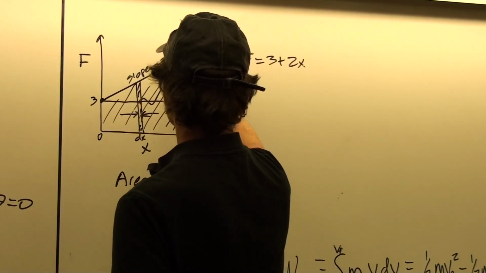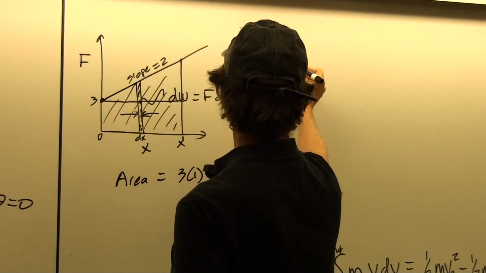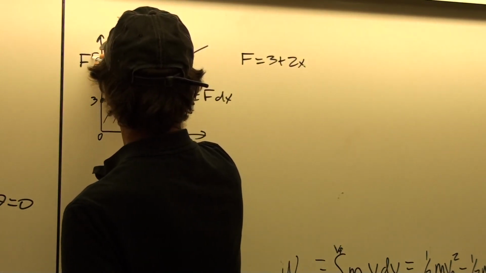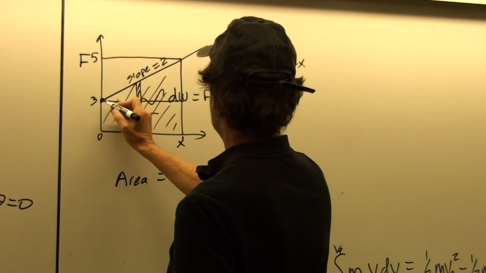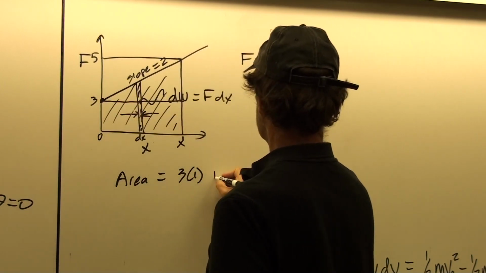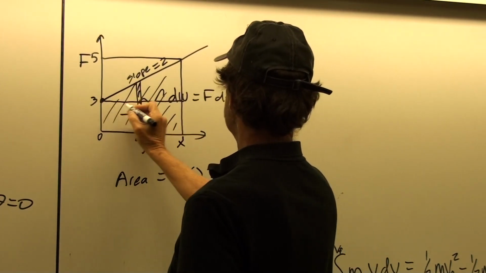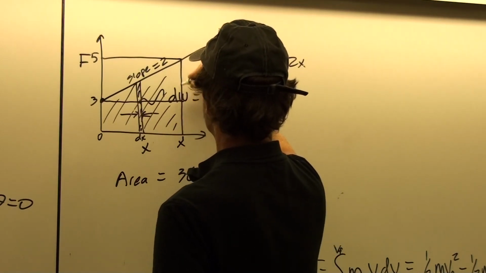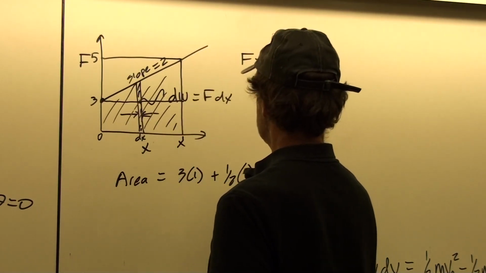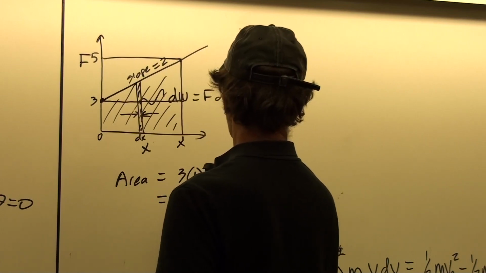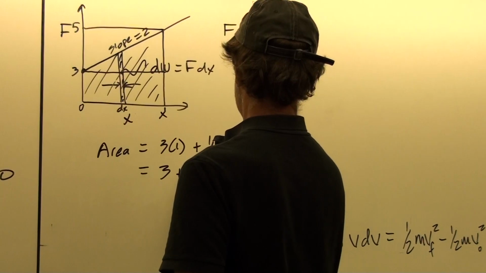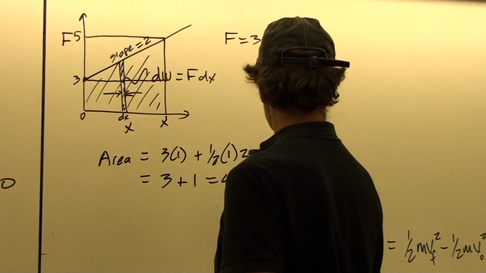Then the force is going to be 3 plus 2 times 1 is 5. Okay, so we'd have 1/2 the base. The base here is 1 times the height, going from 3 to 5, that's 2. So that gives us an area of 3 plus 1 is 4.